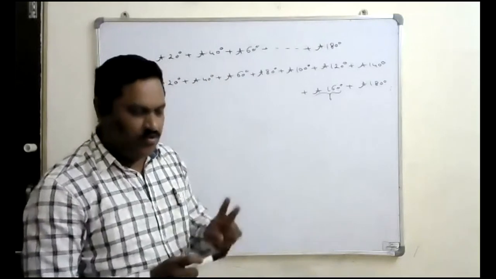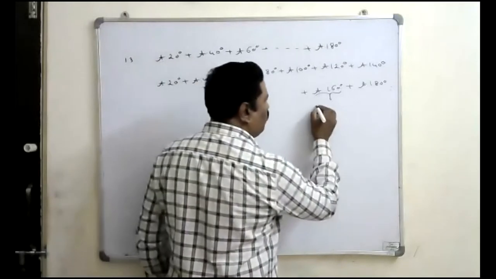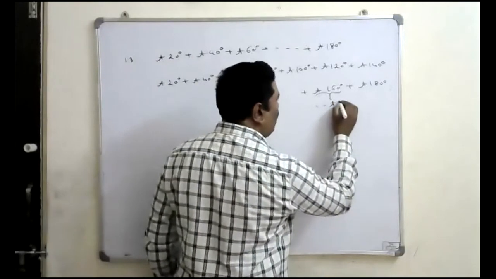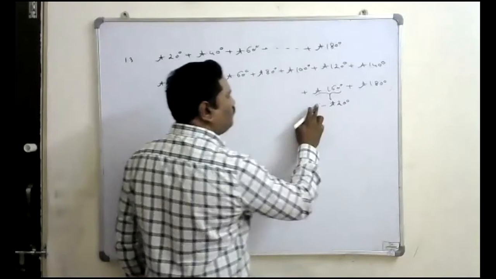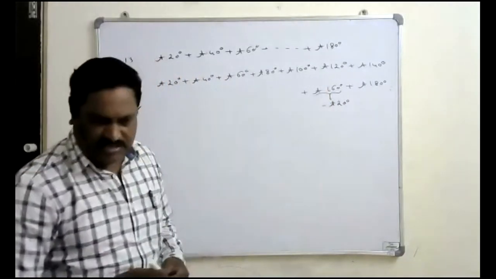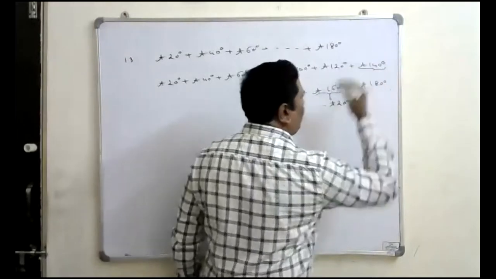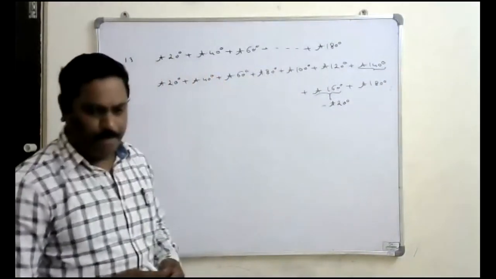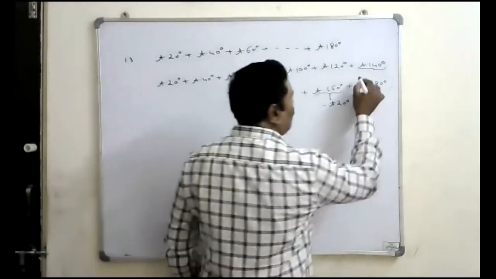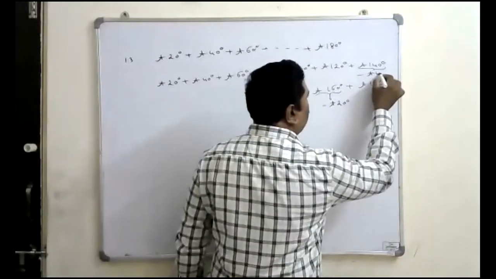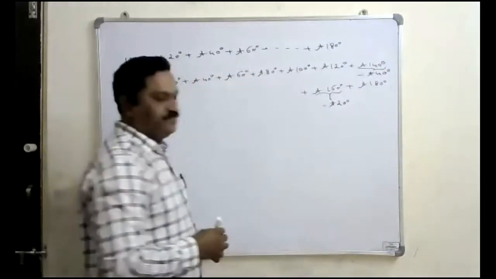Tan is negative in the second quadrant. That's why this is also equivalent to minus tan 20. Similarly, tan 140 is also equivalent to 180 minus 40, minus tan 40.